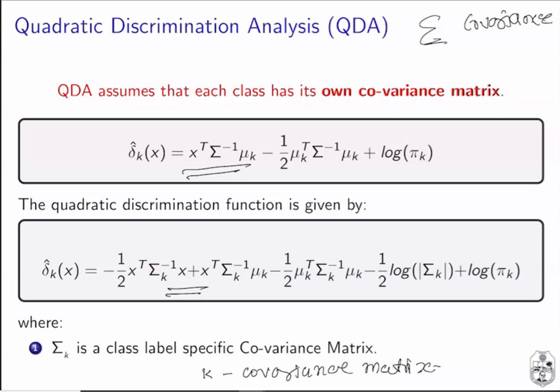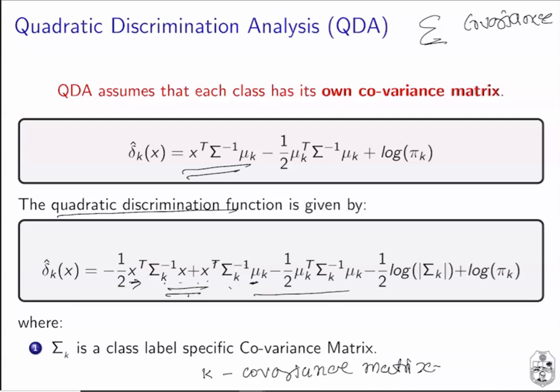Here the discriminating function reads like this: minus half of x transpose, meaning take the transpose of the input vector, sigma k inverse, meaning for the class label for which you are calculating the delta value, take the inverse of that covariance matrix and multiply it with x. Plus, take the transpose of x, multiply it with the inverse of the covariance matrix corresponding to class k, multiplied with mu k.